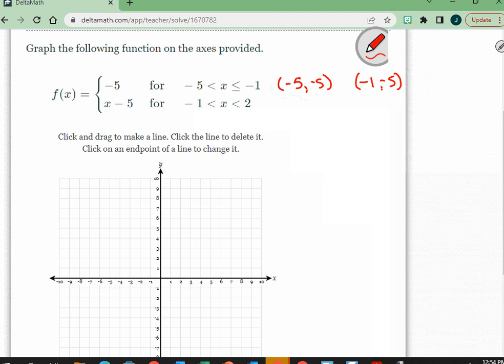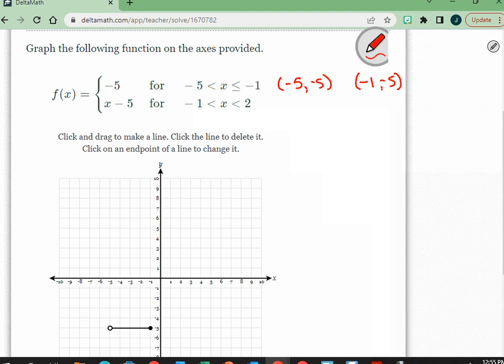When you go to plot those, I start at -5, -5. Just double click, hold it down, and then stretch it over to wherever you need to go. Then if you click on the endpoint, you can make it an open circle. If you click again, it extends the line or goes back to a filled-in dot. So this one I'd leave as an open circle.